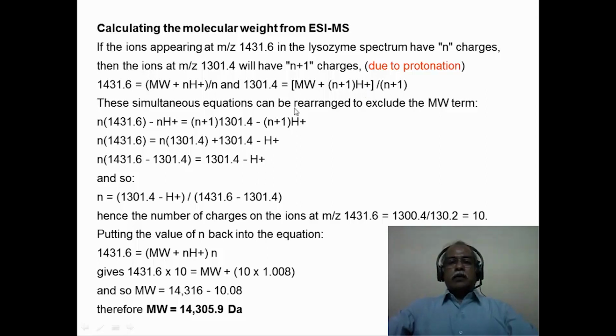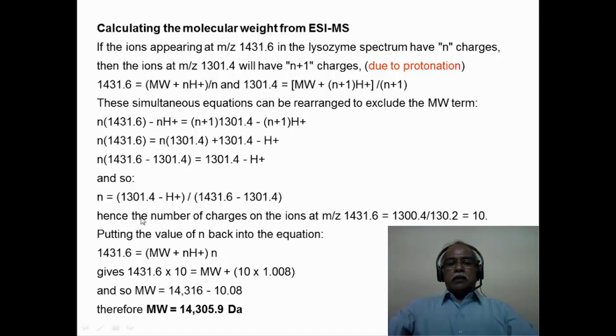If we solve these two simultaneous equations and rearrange in terms of the molecular weight, excluding the molecular weight, because the molecular weight will be the same in both cases, that expression reduces to this particular one. If you solve this expression for n, then n would correspond to essentially 10. You go through this numerical analysis of this particular system.